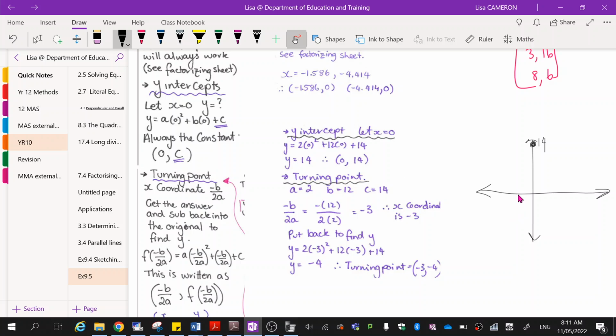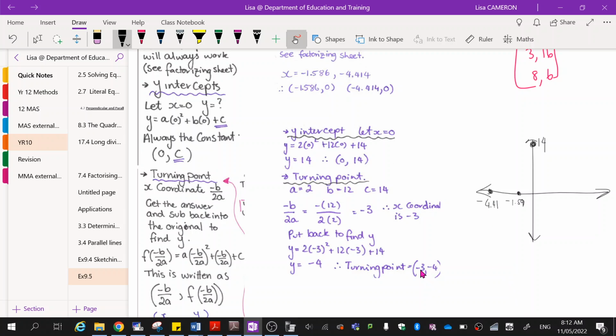So down here, -1.5. Now that 8's actually going to round to a 7 to a 9 if I go to 2 decimal places. And then the other coordinate's going to be over here at -4.41 if I round it to 2 decimal places. So because they're the only 2 points on my axes, I try and make it as exact as possible, but it doesn't have to be perfect.